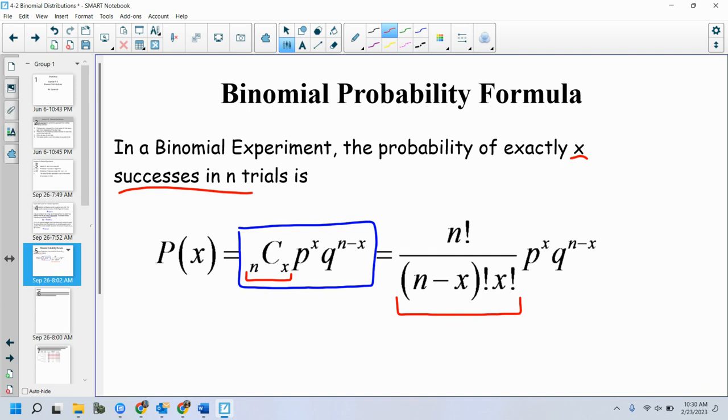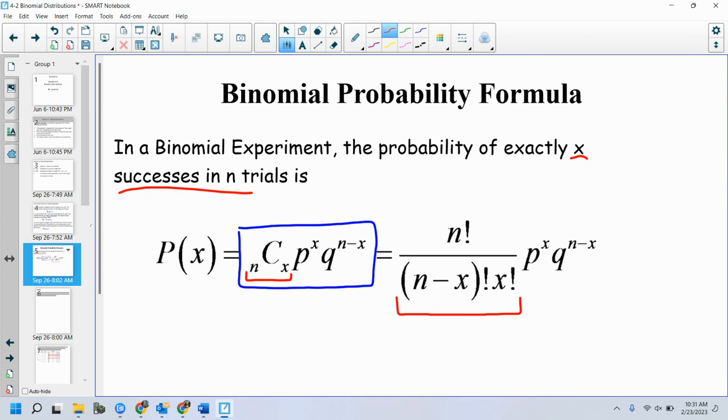Then I multiply by q. Now what is q? The complement of p, the probability of failure, right? So 1 minus the probability, to the, now look at the power there, n minus x. N minus x, the number of trials minus the number of successes, which makes sense because if I have n amount of trials and I want to know exactly x successes, how many are going to be failures?